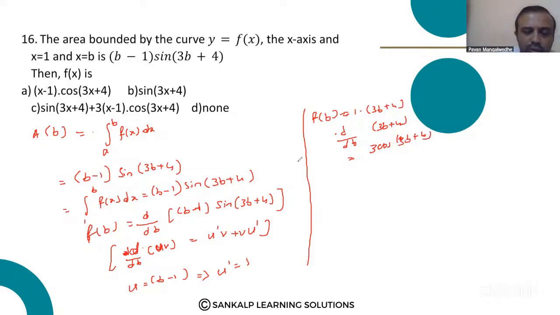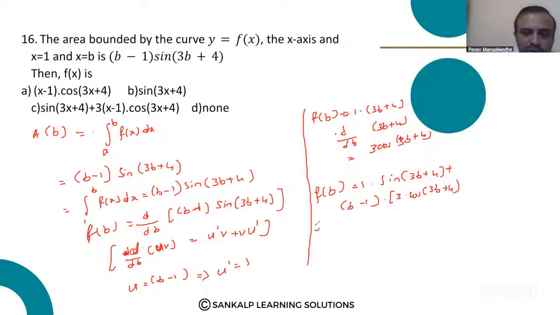Now, using the chain rule, f'(b) is equal to 1 into sine of 3b plus 4 plus (b minus 1) into (3 into cos of 3b plus 4).